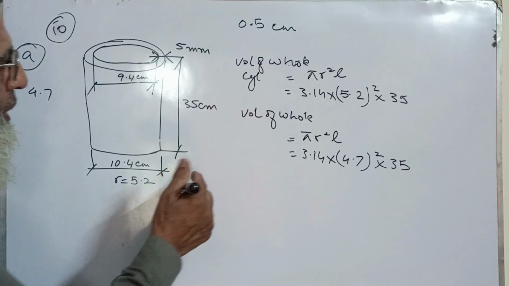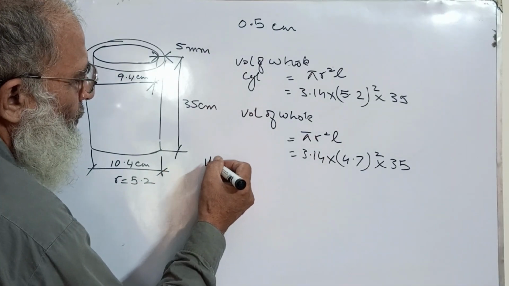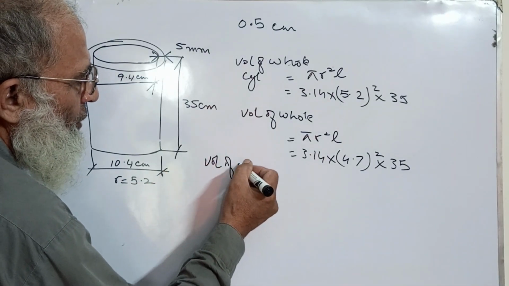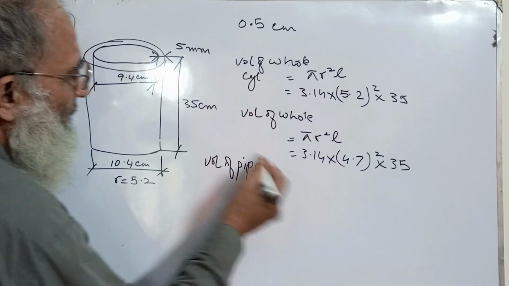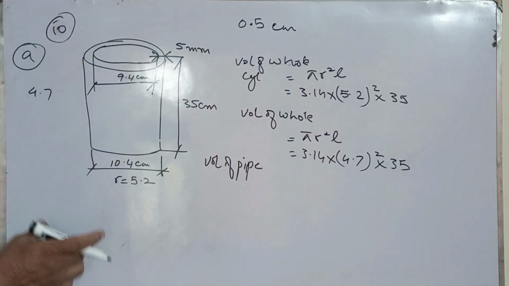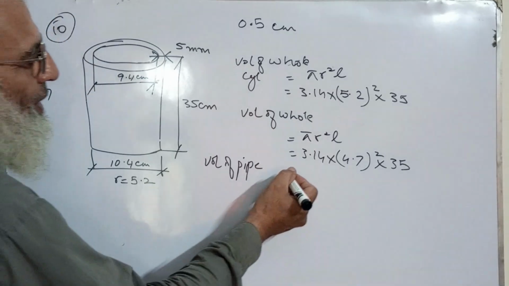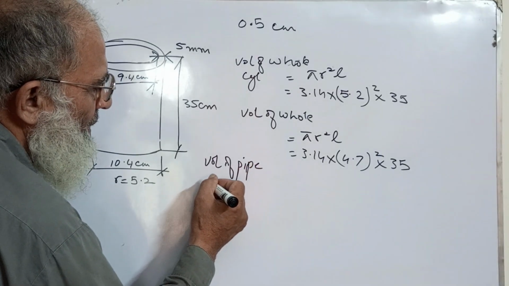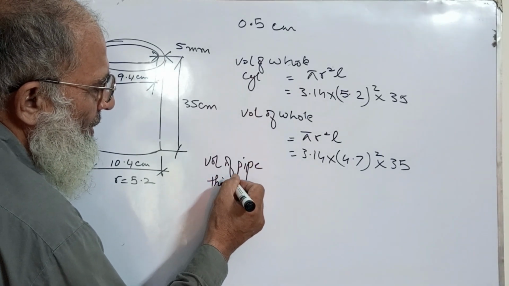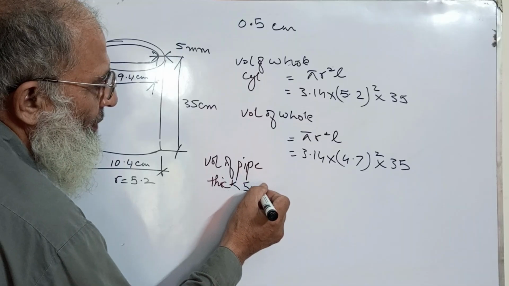So what will we do? We will find the volume of the pipe. Now this is a pipe. When there is a hole, this is a pipe with a thickness of 5 millimeter. Now this thickness is 5 mm.